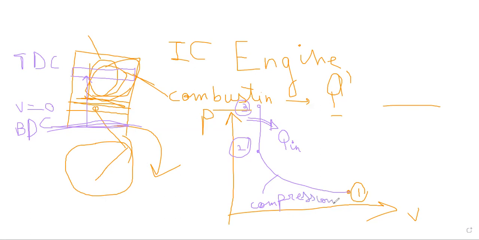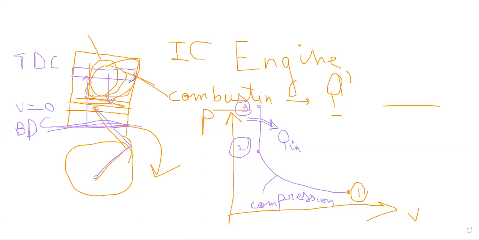Because during the expansion, when the piston moves downward, it will transfer work to the piston. The piston is moved downward with a high push, and this will lead to translation of the piston that will be transferred by the rod and crank system to a rotation of the crankshaft.